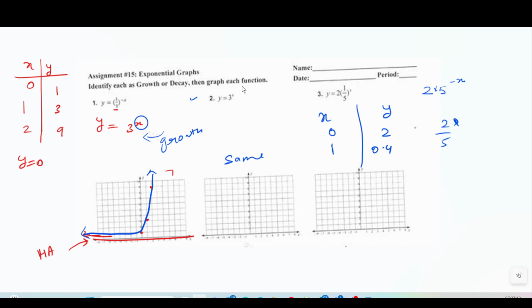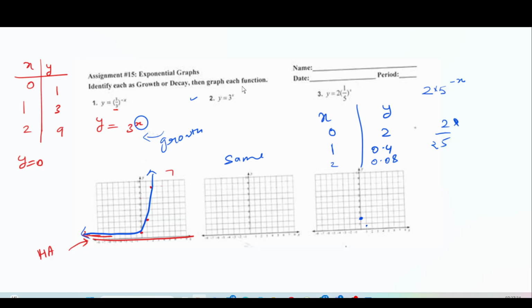If x is 2, this is going to be 25, and 2 divided by 25 is 0.08. So it'd still be decay. Okay, let's graph. When x is 0, y is 2, which is this. When x is 1, y is 0.4.